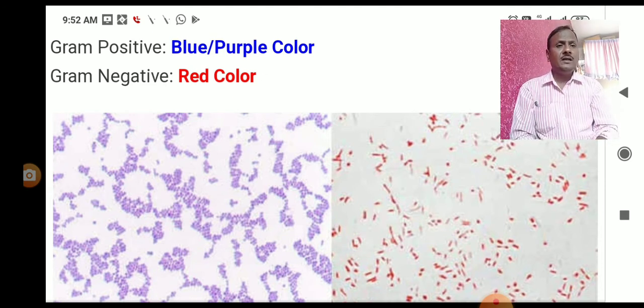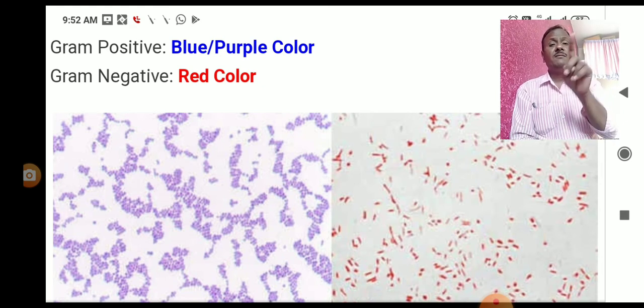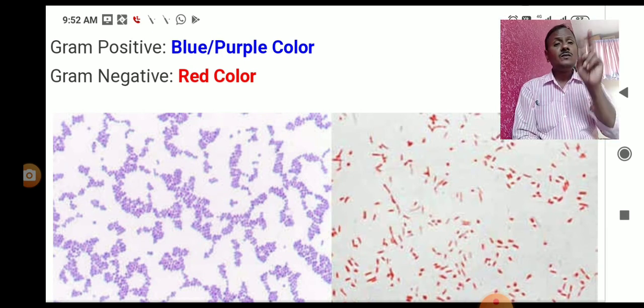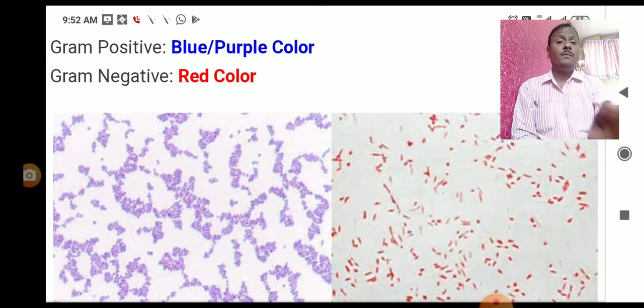It means that we can differentiate two different types of microorganisms in one sample, gram positive bacteria and gram negative bacteria.